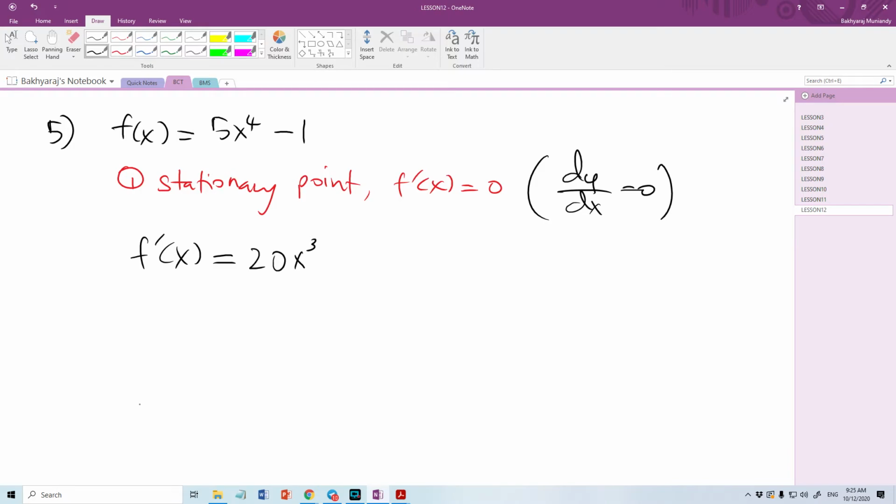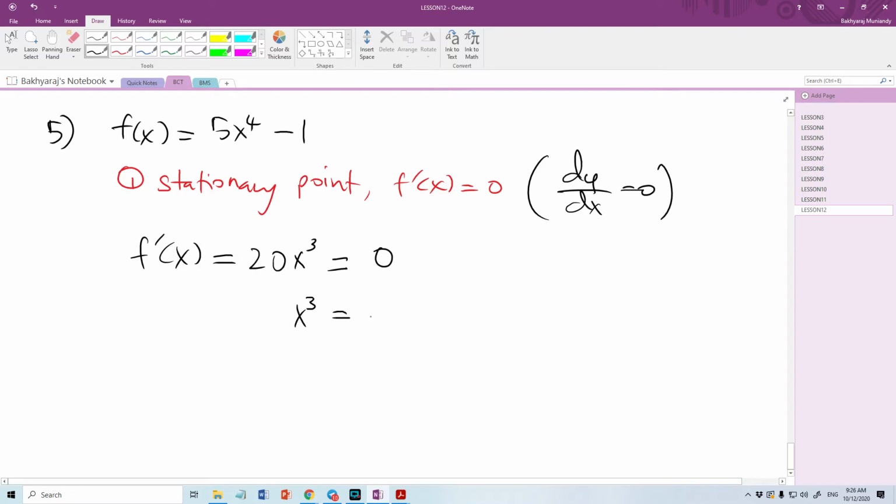Okay, so kita dapat 20x power of 3, and I need to put equals to 0 lah. Ini kena bagi sama dengan kosong lah. So when I put equals to 0, I get what? So what is my x answer? Apa saya dapat? x equals to what?